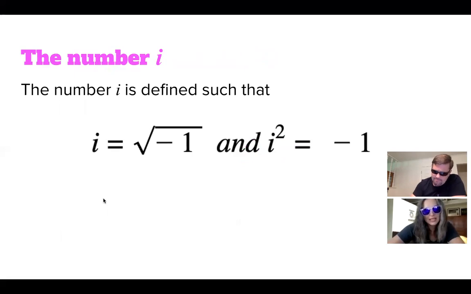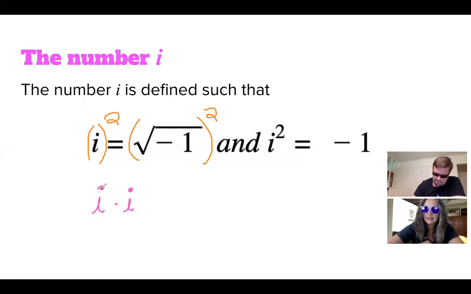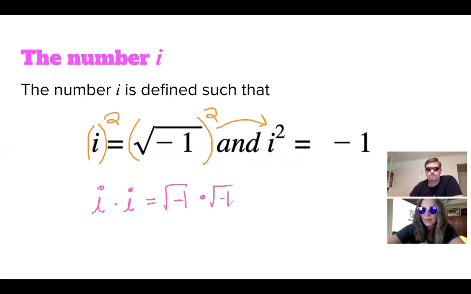So I could take this left equation and I could square each side of the equal sign like this, and I would get i squared is equal to -1. So this is how you would turn an imaginary number into a real number, is to square it, but it also defines i squared for us.